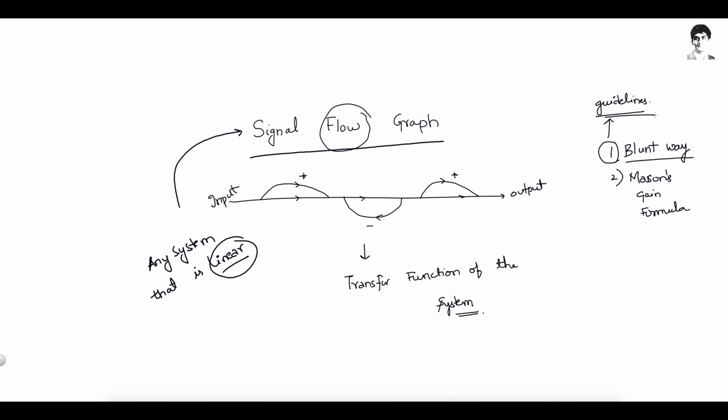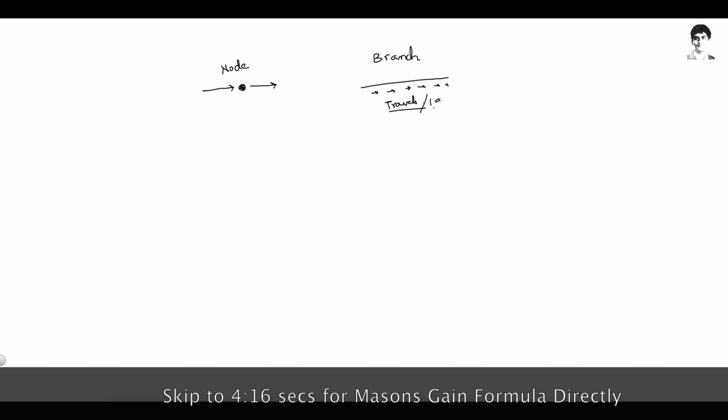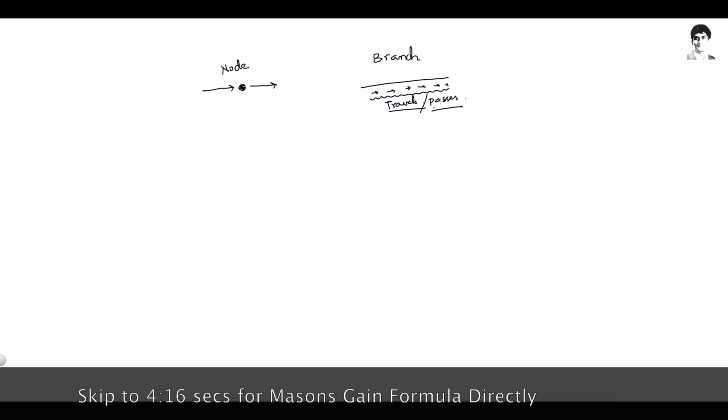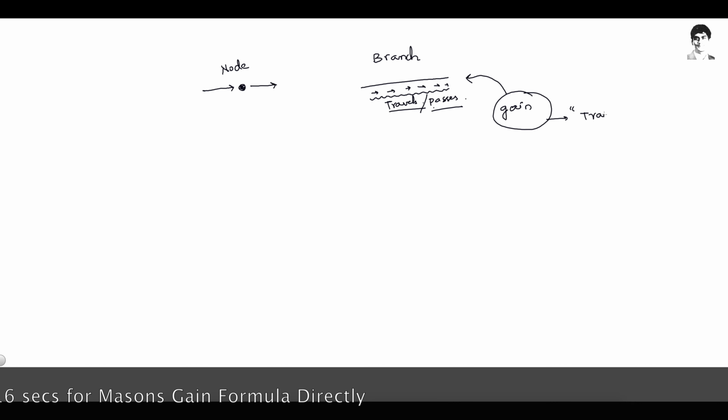When you're solving the signal flow graph in the normal way, there are some guidelines, but before that, let's look at some terminology. So the first thing that we have is a node and the next is a branch. So nodes are where signals come in and signals go out, and a branch is where the signal actually passes through, right? Every time the signal passes through a branch, it gains something, and this is called transmittance.